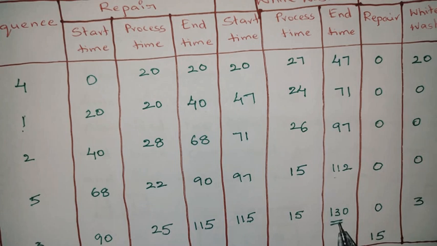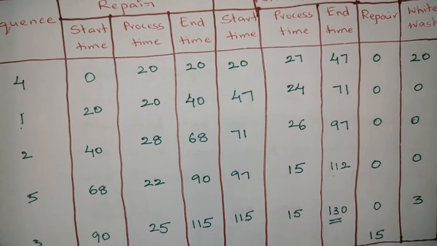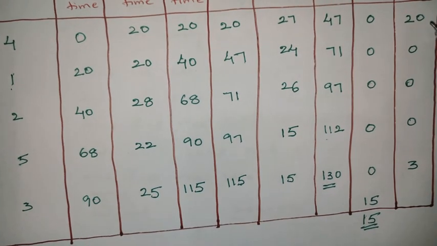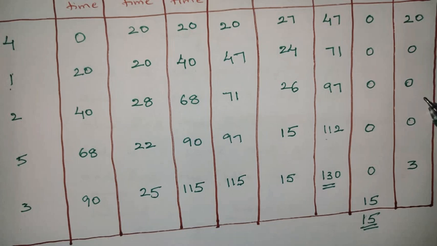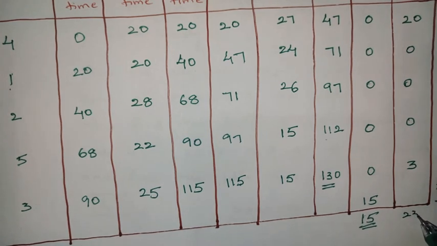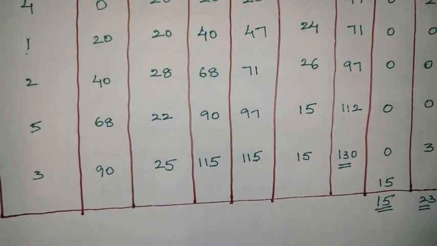And by the 130th hour the total process ended. Then find the total idle time in whitewashing: 20 plus 0 plus 0 plus 0 plus 3 equals 23.